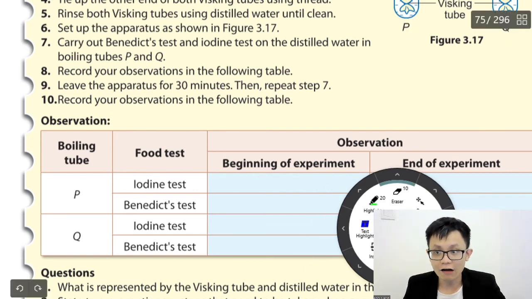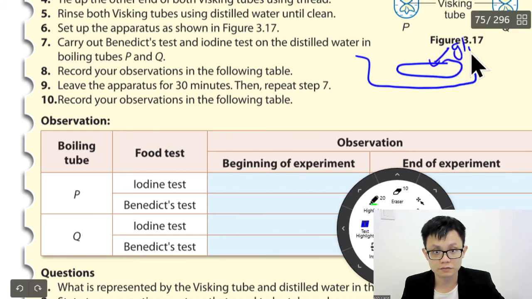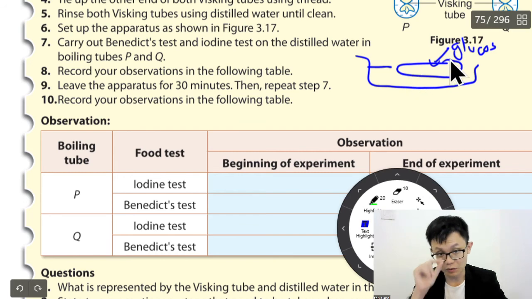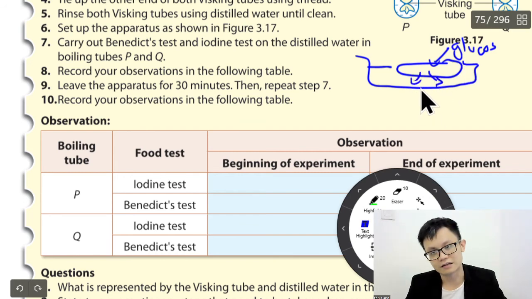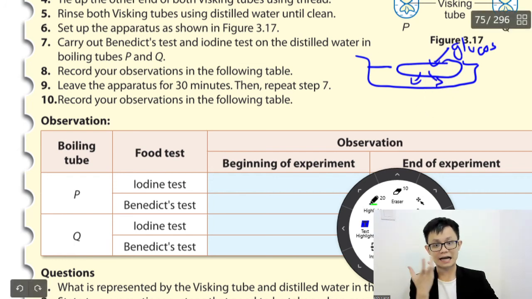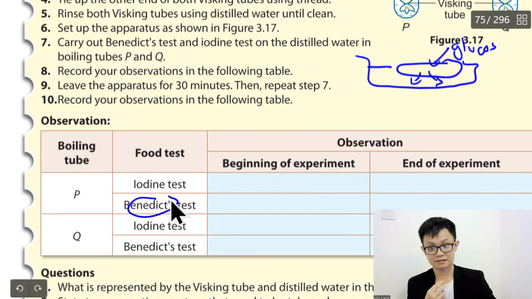Okay, how about if I take the whisking tube again and do the same experiment. I put glucose. We know glucose is very small, so the glucose will come out. Can you see it or not? Cannot see, because my eye is not Superman. So I need to use the Benedict test.